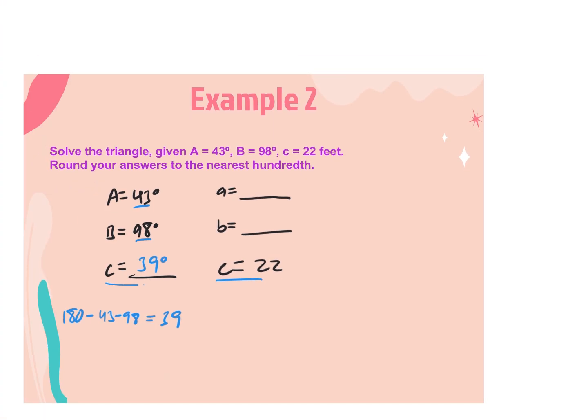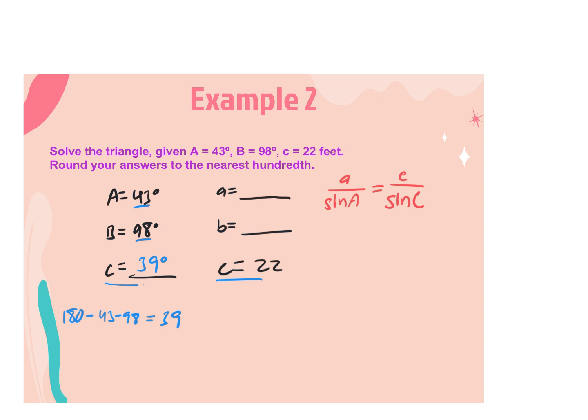So I can use law of sines to try to figure out A and B. Let's start with A. To find A, I would do A over sine A equals C over sine C. It doesn't matter which two you use. I know that the formula we give you has all three of them set equal to each other, but you don't have to work with all three at the same time. You can just do it one at a time.